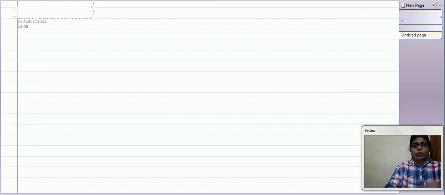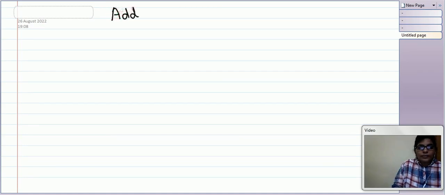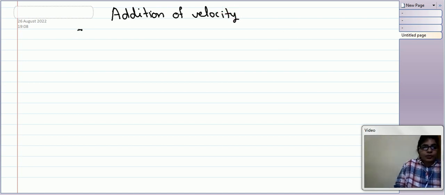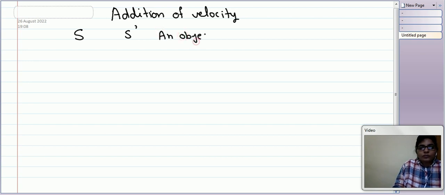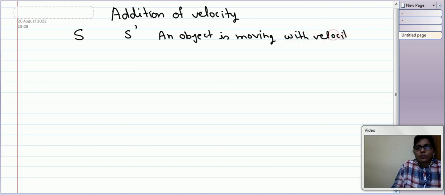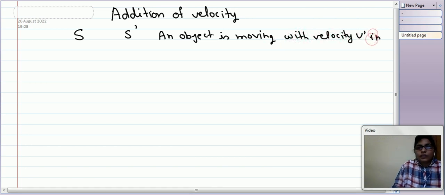Now come to the next topic, which is the addition of velocity. So put the heading: addition of velocity. Here again we will take two similar frames, S and S dash, and let us say that an object is moving with velocity u dash in the S dash frame.